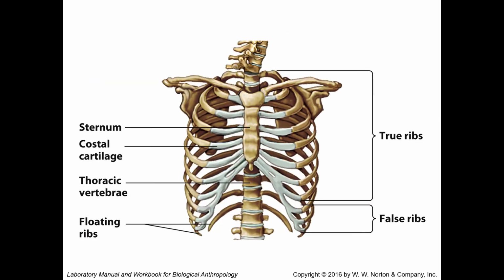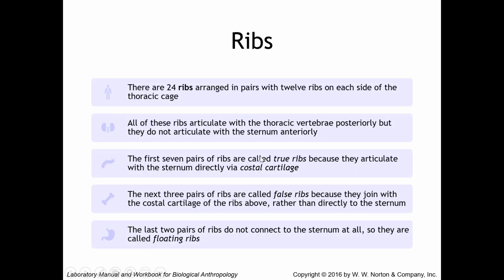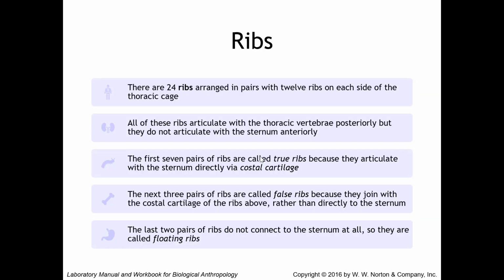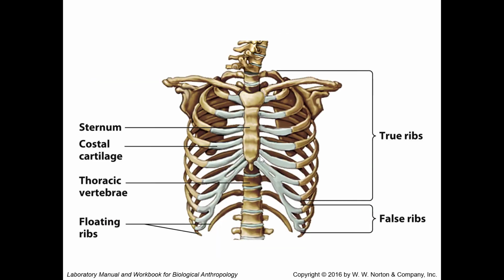Right, so I'm going to go back to this picture. Our first 7, our first one here, 2, 3, 4, 5, 6, 7. So they articulate there with the costal cartilage. So there are true ribs. The next 3 pairs of ribs are called our false ribs because they join with the costal cartilage of the ribs above rather than directly to the sternum.